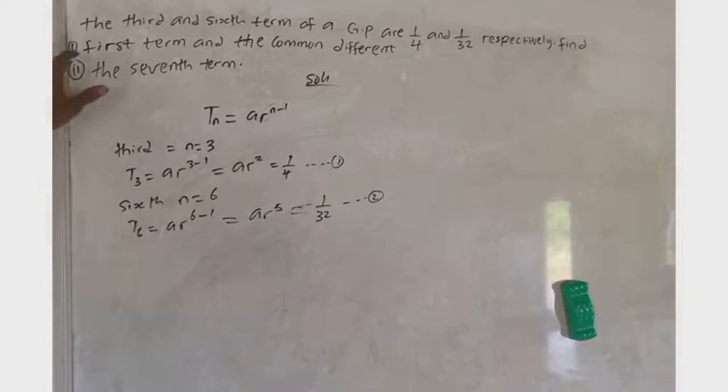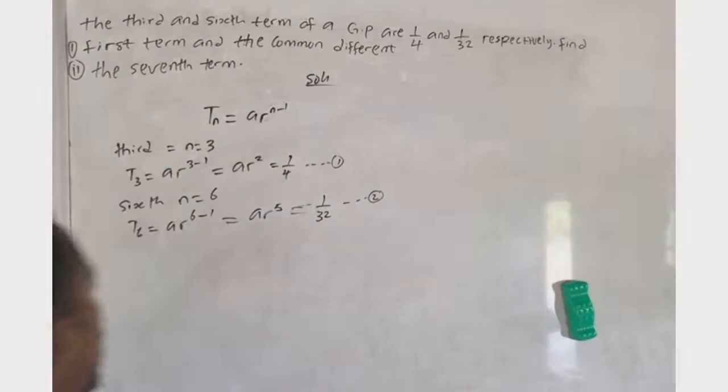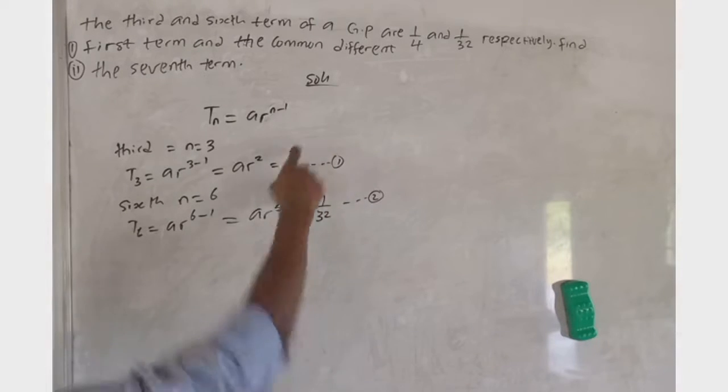In order to get the first term and the common ratio, what we do here is to divide equation 2 by equation 1.